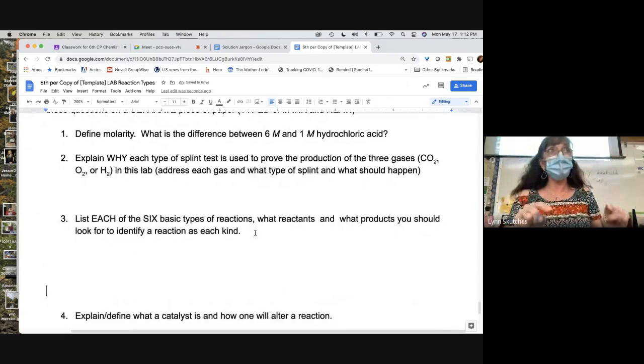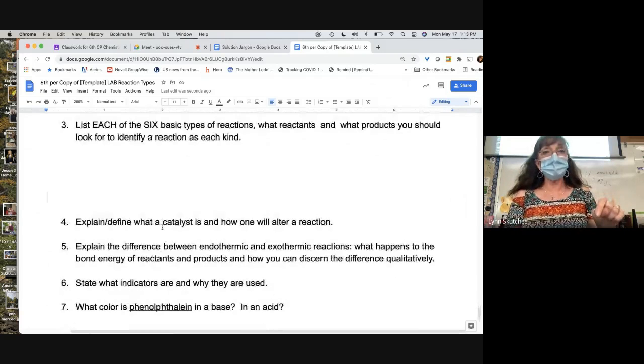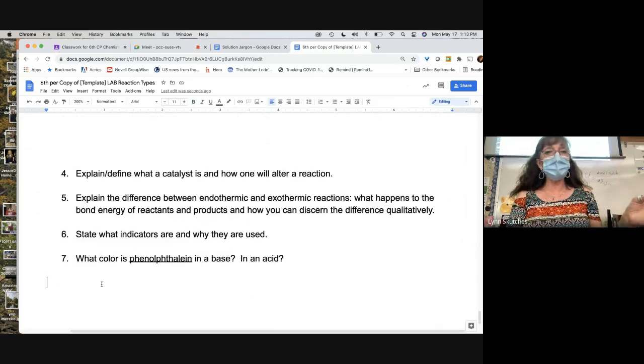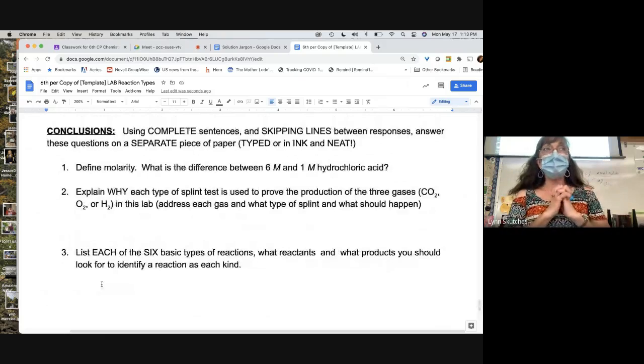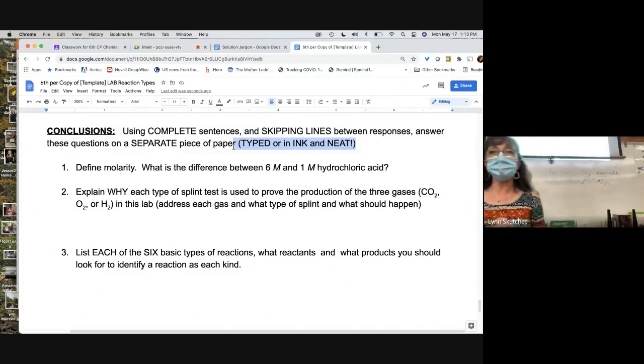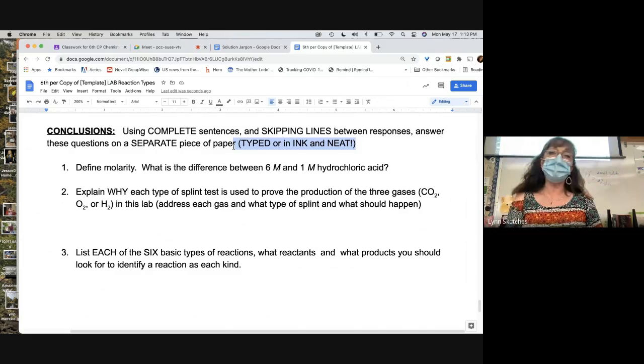They're on your graphic organizer. Don't skip them. Just do them in order. What's a catalyst? What does it do? What's endothermic, exothermic? What are indicators? What do they do? What did phenolphthalein do? Questions? Again, if you're not doing it on the Google Doc, do it in ink neatly, please.